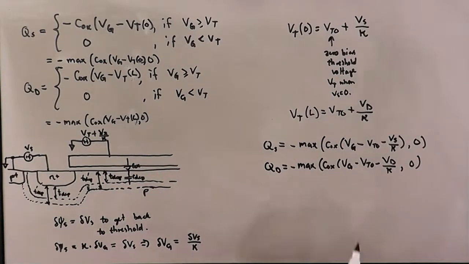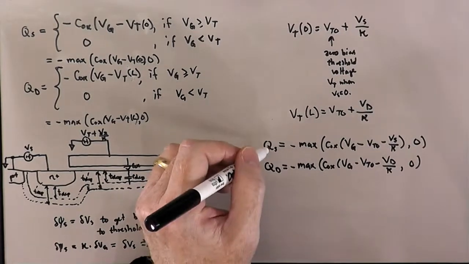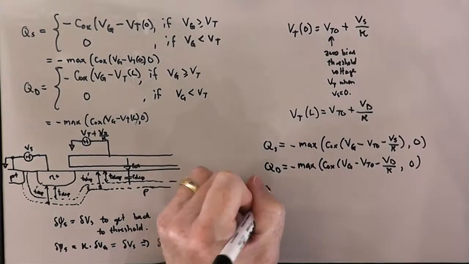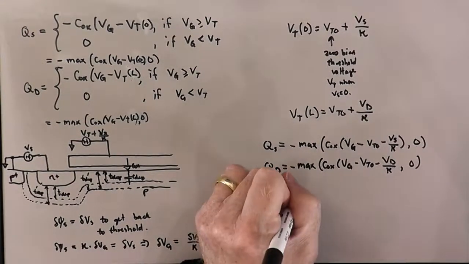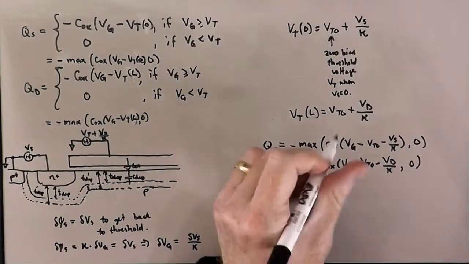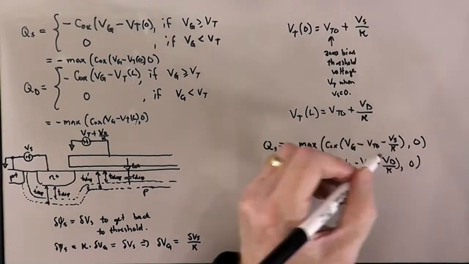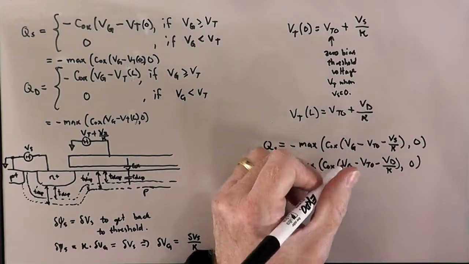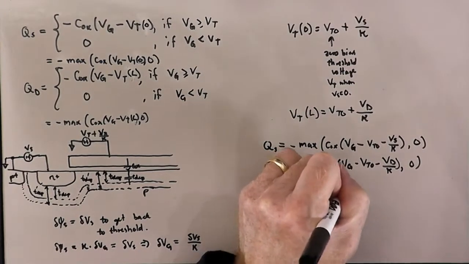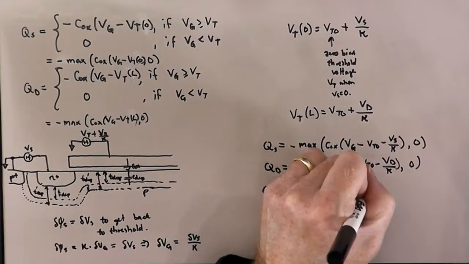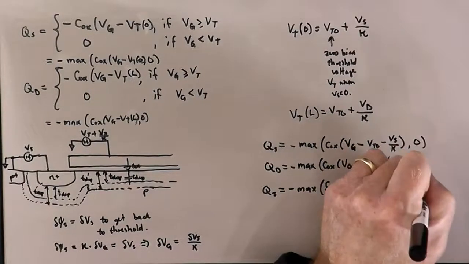Now, I'd like to do a little bit of work on these, and instead of rewriting both of these things over and over again, I'm just going to focus on Qs. I'm going to factor out 1 over kappa from this term, so we have Cox over kappa times kappa Vg minus Vt0 minus Vs, and 0.